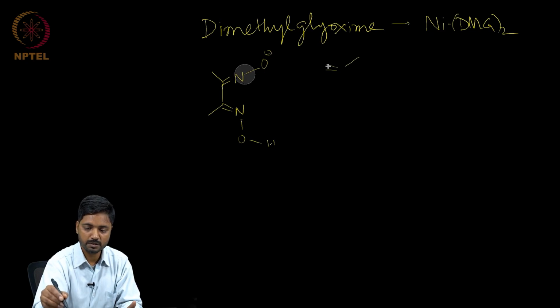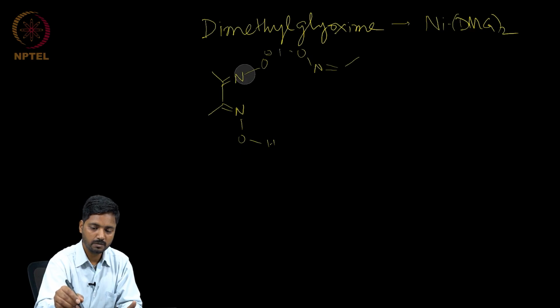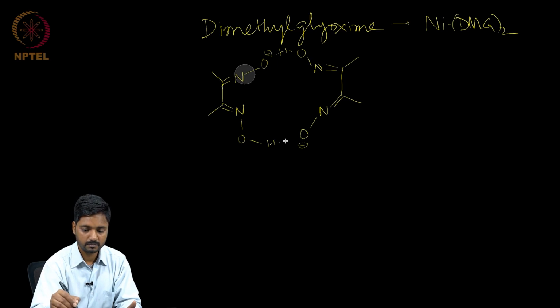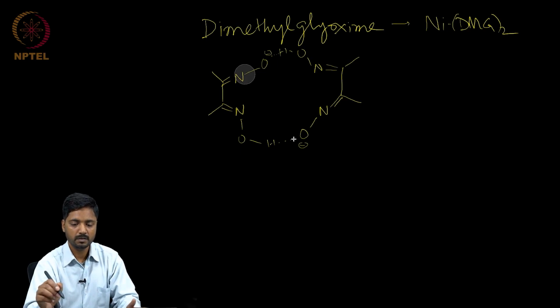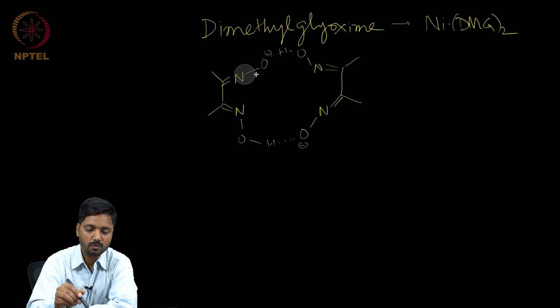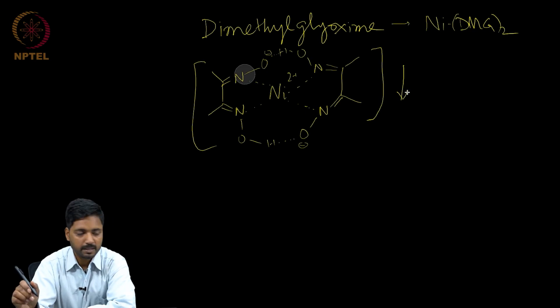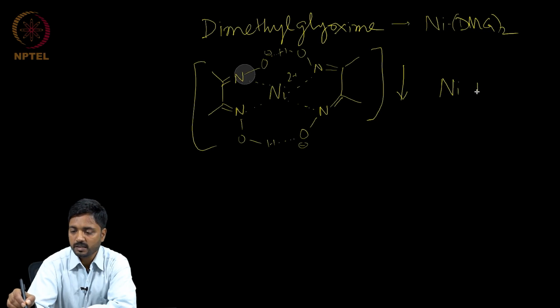A similar structure is present here, but now with the OH hydrogen bonding with the O minus present here, and these 4 nitrogens are the ones which complex with the nickel ions to generate a charge neutral complex which precipitates from the reaction mixture as the nickel DMG twice complex.